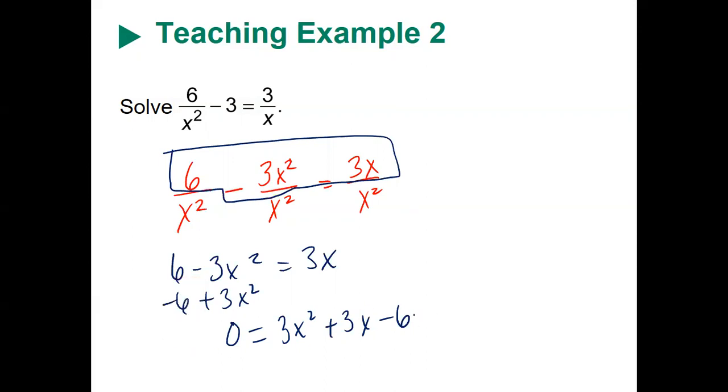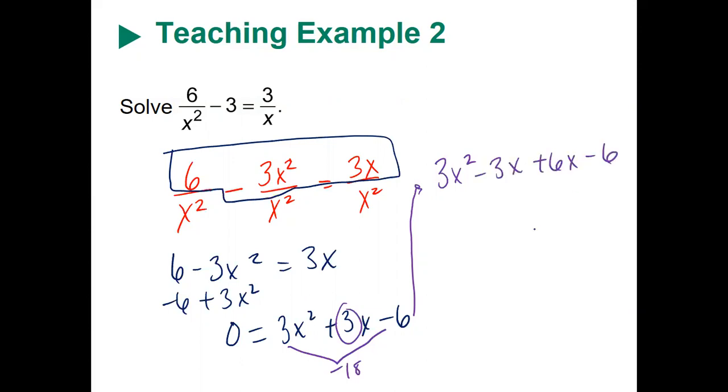So if I'm going to group to solve this, I'm asking myself what multiplies to give me negative 18, but adds to give me 3. Exactly. A negative 3 and a positive 6. Agree? So we have negative 3x plus 6x minus 6.